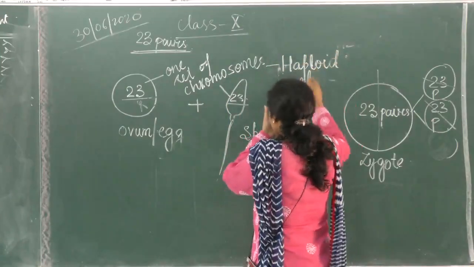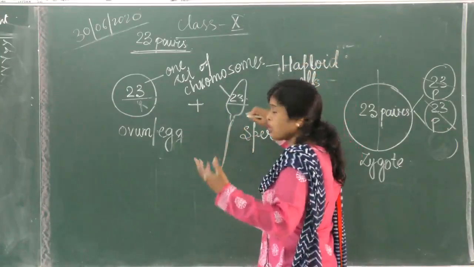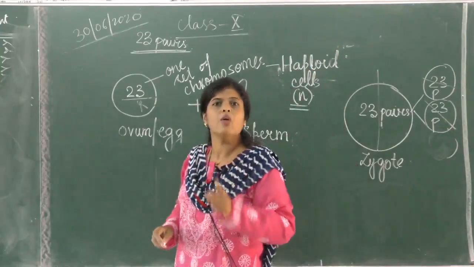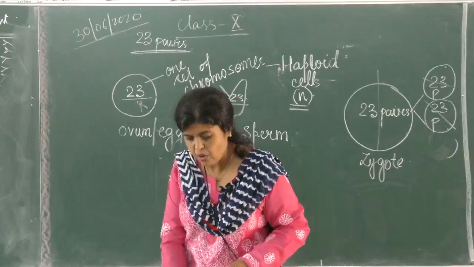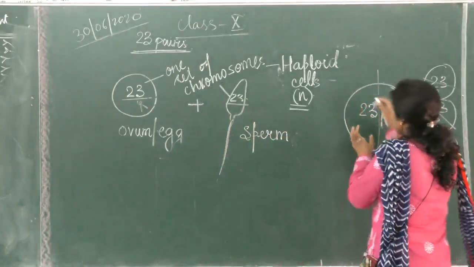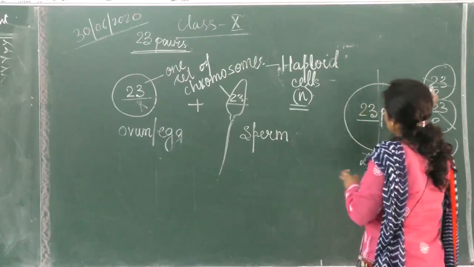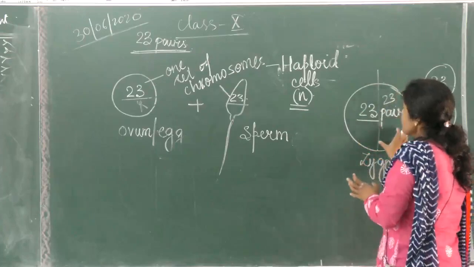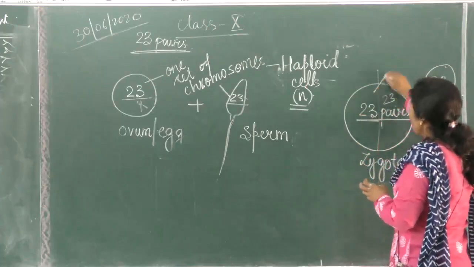Okay, and how do we denote it? How do we show a haploid cell? We show N. N is the set of chromosomes, one set. Is it all right? But at the same time, when you are coming here, what is happening? 23 from ovum gets its pair from 23. So this is one set, this is the other set. That becomes a pair. So what do we say?